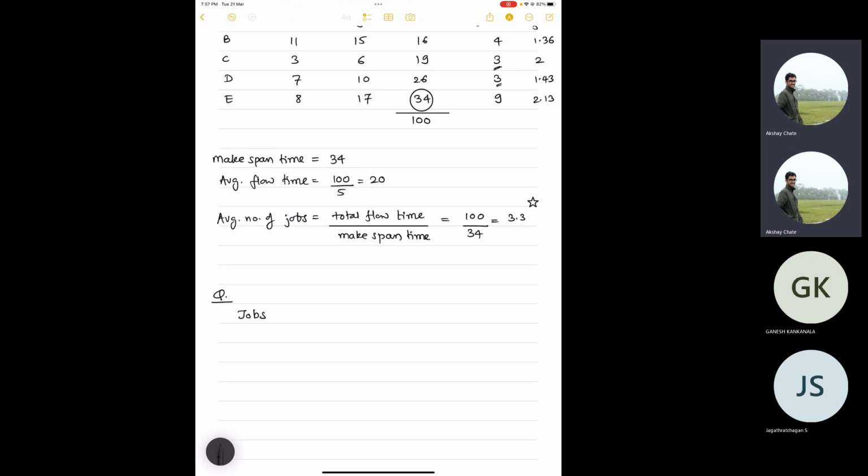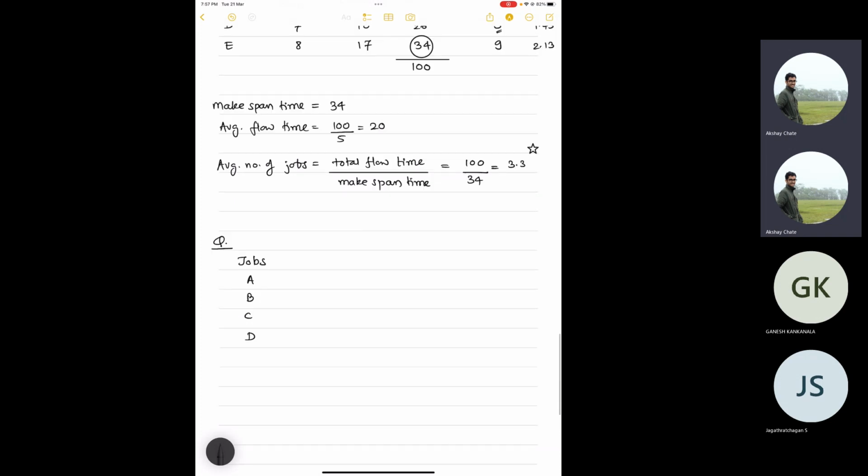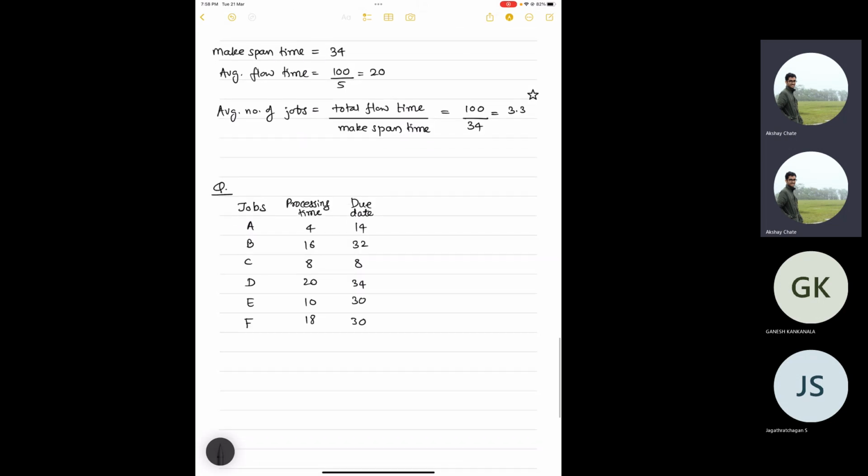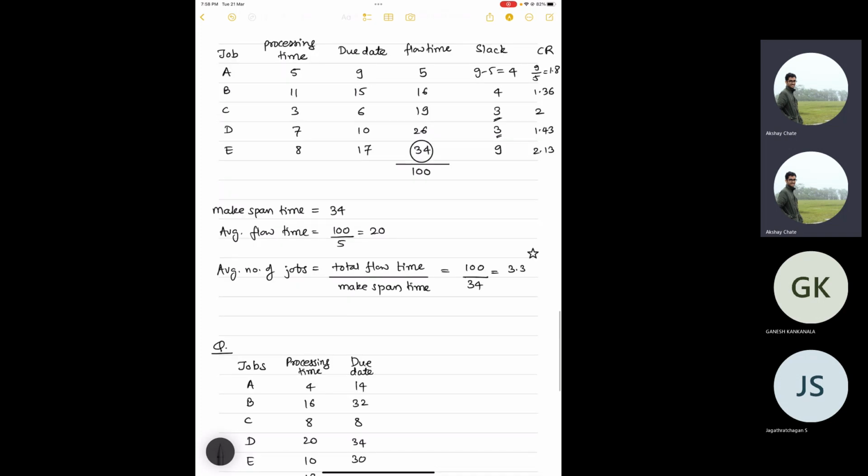Again, there are 6 jobs here: A, B, C, D, E, F. And you have processing time of 4, 16, 8, 20, 10, 18, and then you have the due date for each job as 14, 32, 8, 34, 30, 30.